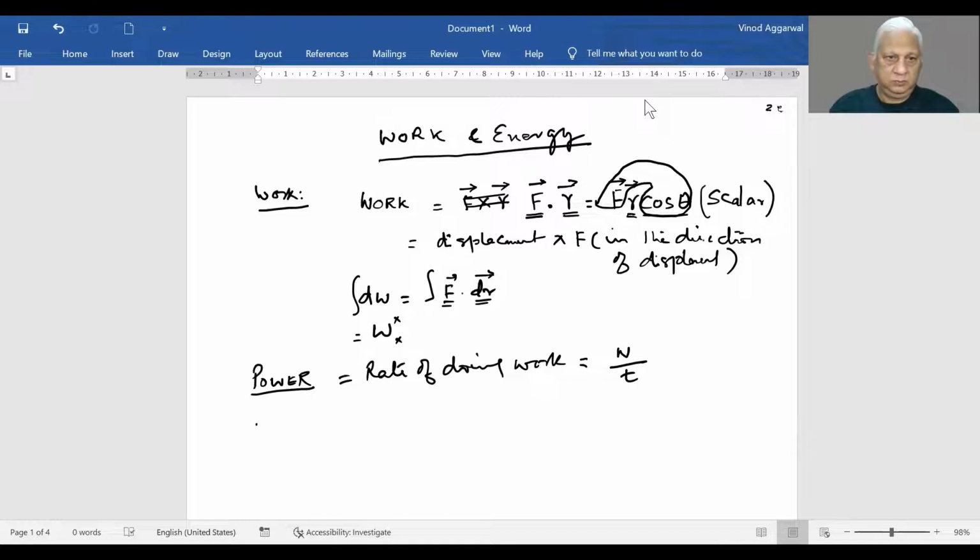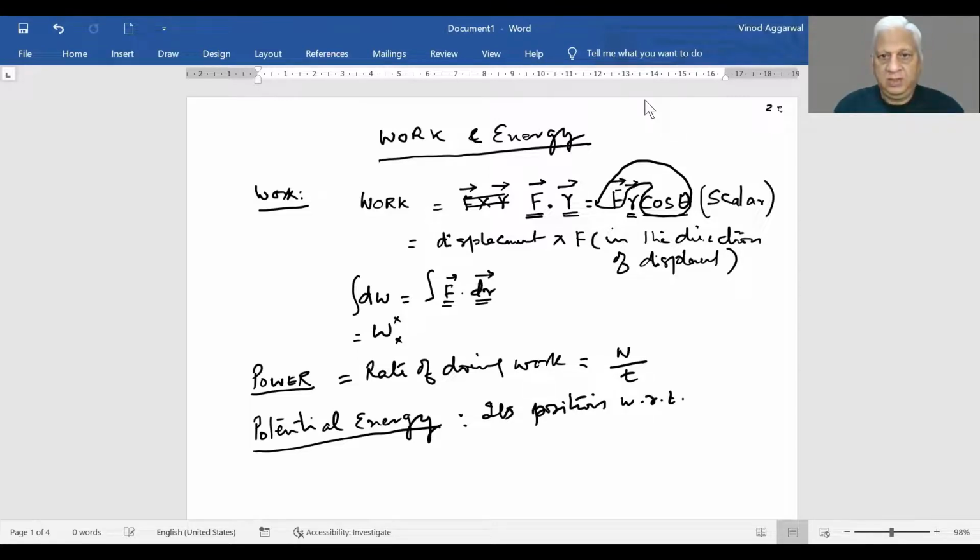Now we talk about potential energy. What is potential energy? This is an energy which a body may possess because of its position with respect to a datum. There's a ground.